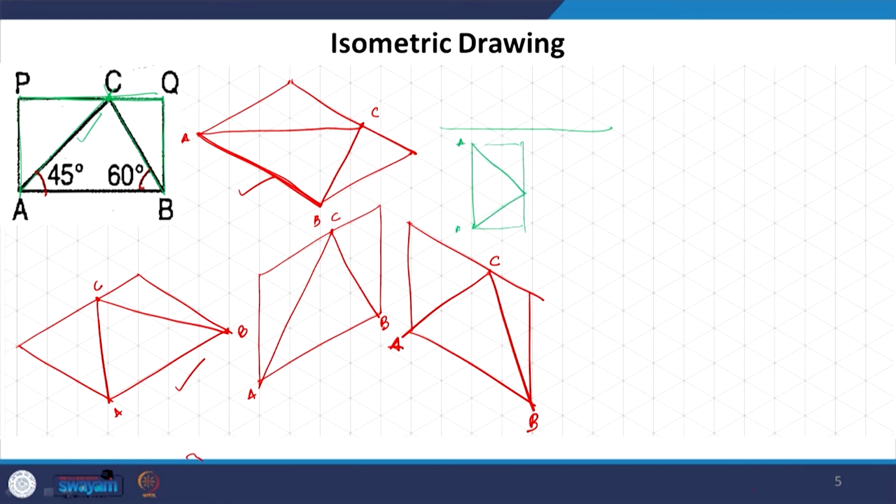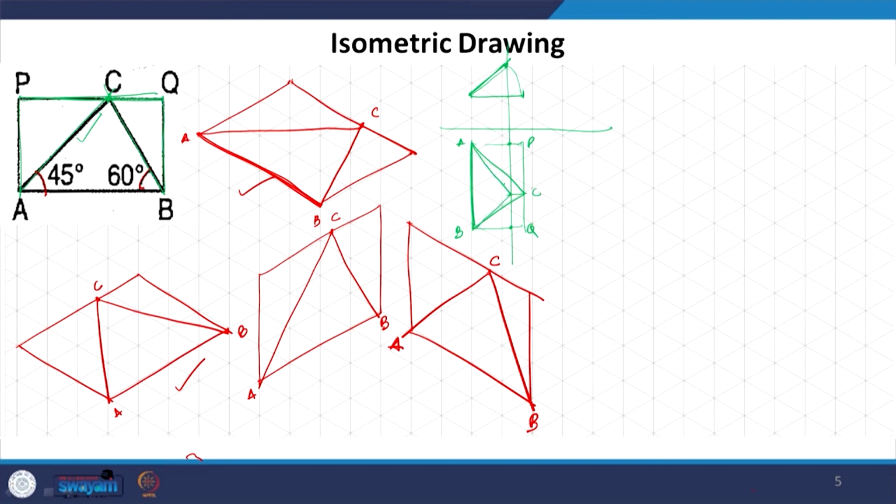So, A, B, C, P, Q, okay, and in the front elevation you will be seeing this, and now we incline it in such a way that this edge remains in HP and this is inclined say by 45 degrees. So, you bring it back. Now, this P comes here, this Q comes here and this C comes here. So, this is the new top view.